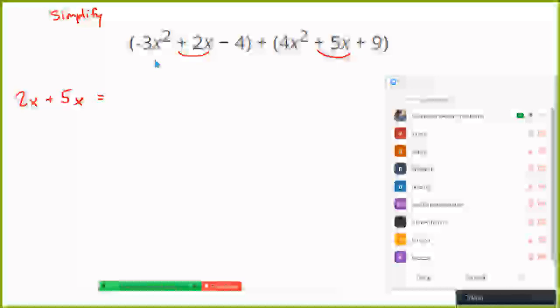Awesome. So for the negative 3x squared and the 4x squared, wouldn't it just be 1x squared left? Yes, very good. Correct. And that's just these two sections. I'm going to double underline them to kind of show they go together. Negative 3x squared plus 4x squared.